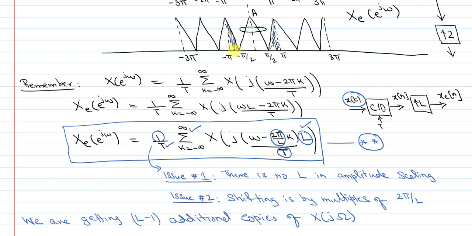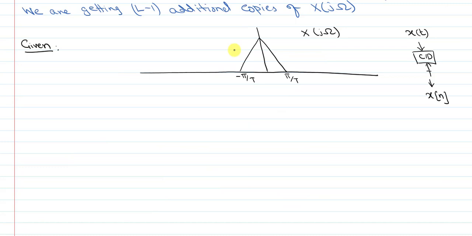Let's take a look at it by explicitly comparing a specific Fourier transform. So we start with a signal x(t), we sample it by sampling period T to get a sequence x[n]. The original signal has this Fourier transform, let's call it A, the height is A, and it's band limited to π/T. So when we sample that, we get a sequence x[n] whose Fourier transform is given as follows.